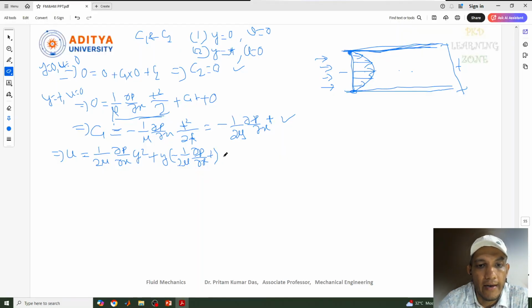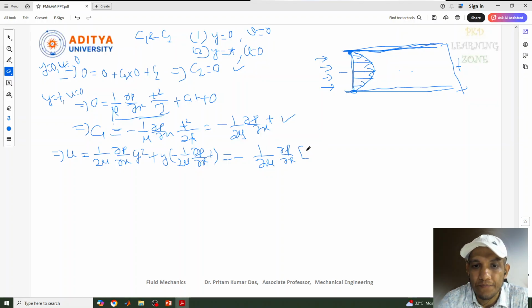If you write this again, we can get 1 by 2 mu del p by del x. Just I'm taking common 1 by 2 mu, del p by del x. Here it is y square, here only y is there, and t y is there, not y, t y.